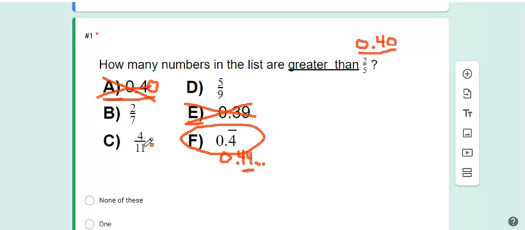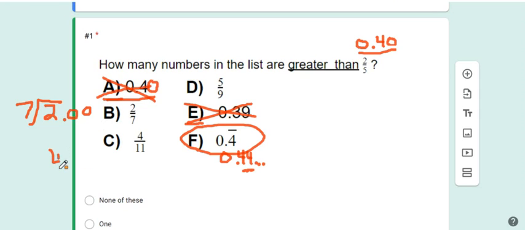Okay, we have 3 options left we need to check. We need to check B, C, and D. So they're all fractions. The strategy here is to make the fractions decimals and then see, is it bigger than 40 hundredths or not? Okay, so I will leave that to you to change the fractions to decimals. Take top divided by bottom. So this one would be 2 divided by 7. There's your decimal, add placeholder zeros and divide.